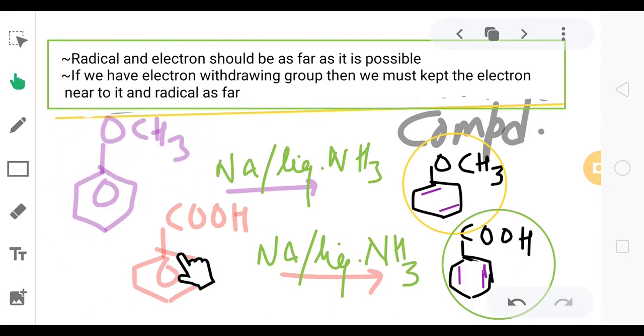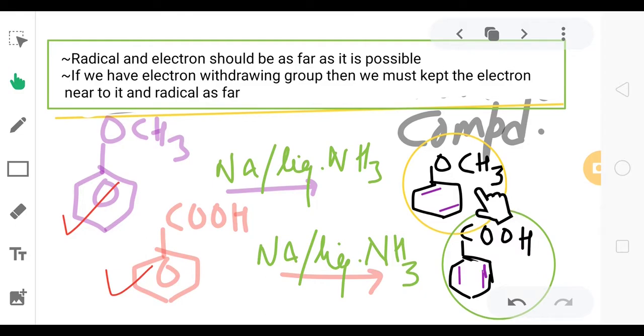The other condition is where we have COOH, which is an electron withdrawing group. We will see the Birch reduction in both cases. This is the reagent, sodium in liquid ammonia, and the final product would be like this.